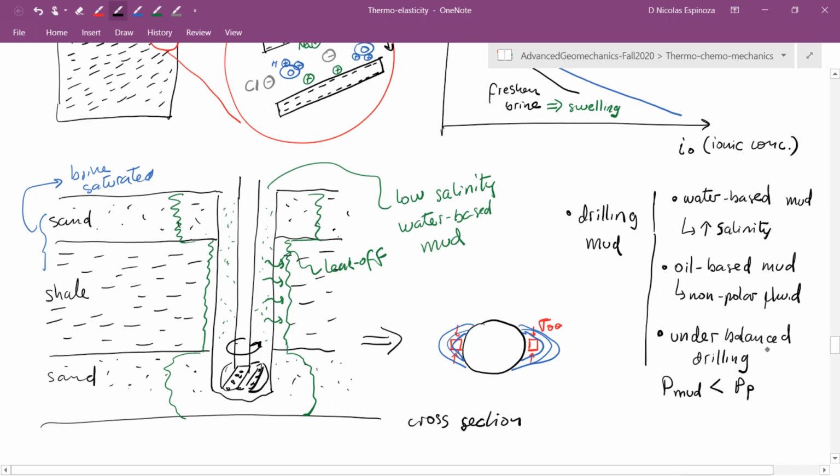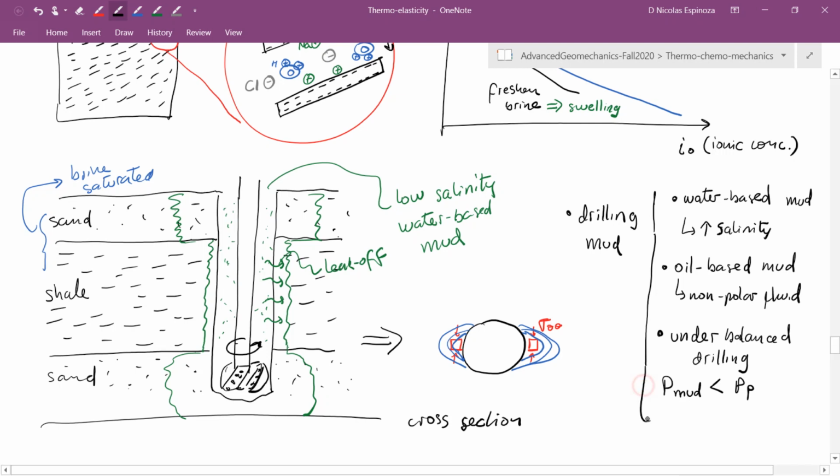In that way, you would produce a flow that goes from the shale into the wellbore, so that the fluids are going in the other direction. Of course, you have some diffusion, but it's not going to be as bad as the case before, in which you do have this advection and the flow with the brine getting into the shale.